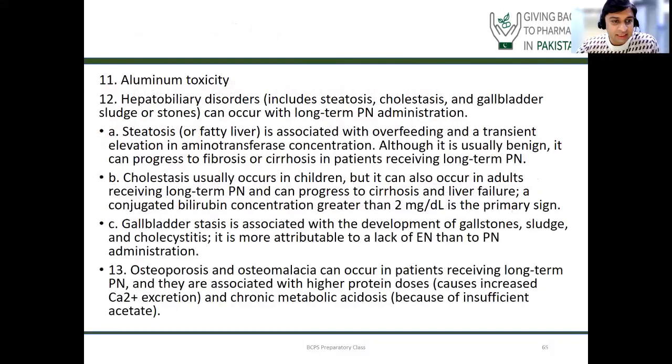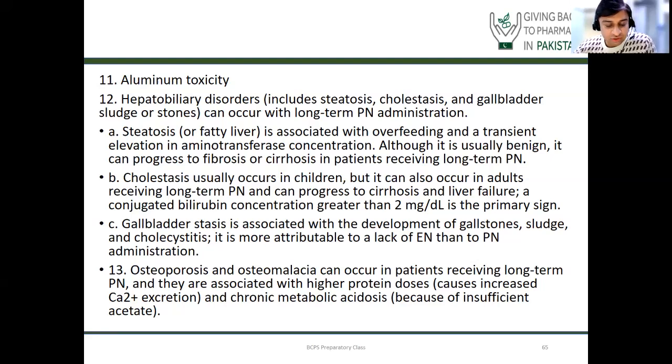Similarly, aluminum toxicity and hepatobiliary disorders. That is why it is recommended to check regular LFTs of all these patients, so that if the patient develops steatosis, cholestasis, or gallbladder stasis, we stop the TPN, wait for the LFTs to return to normal, and then re-challenge very carefully.